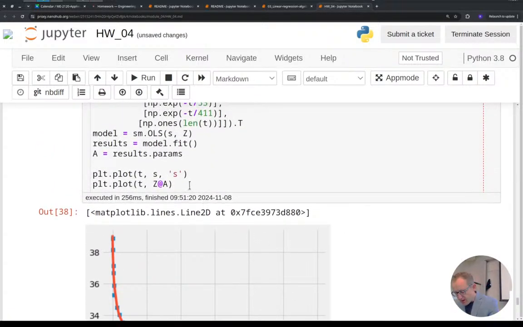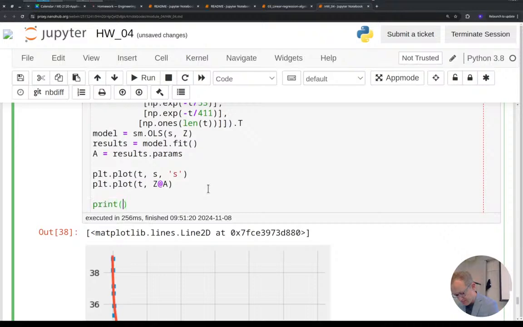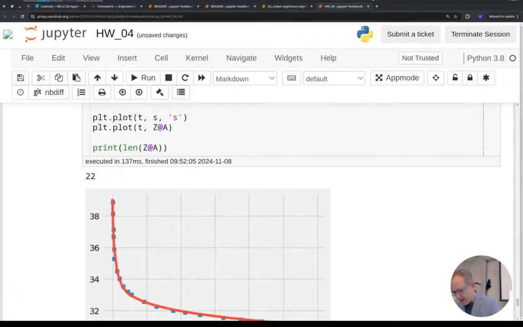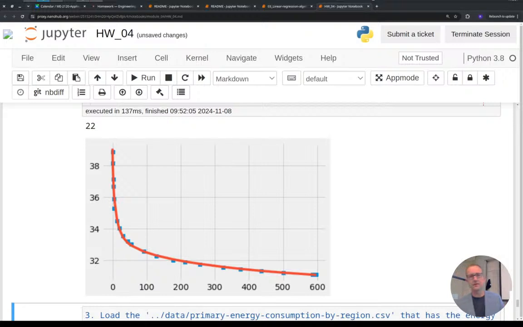Right now, this Z at A, if I look at the length of that, there's only 22 data points from 0 to 600, because I'm only evaluating the function at those points in time where I measured stress. But I have a general function now. I can evaluate it for as many time data points as I want.